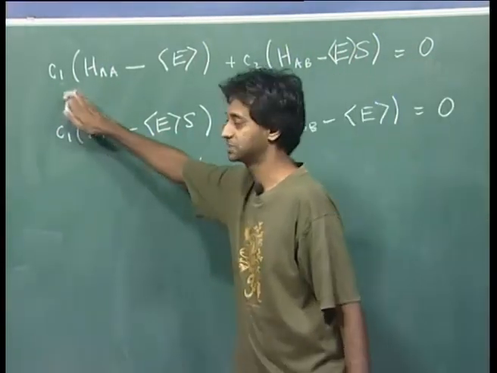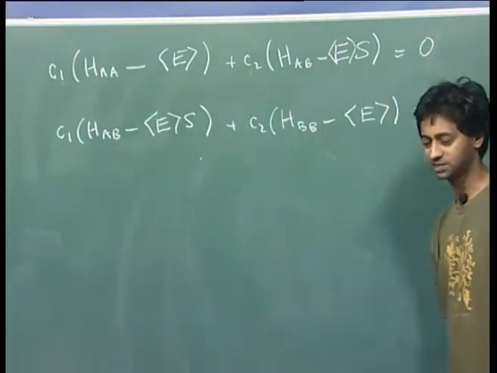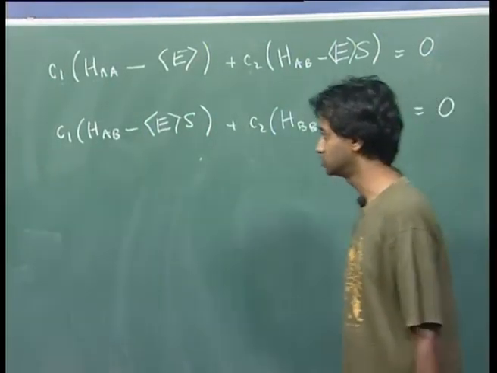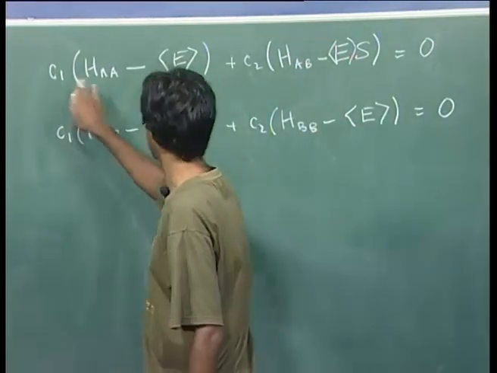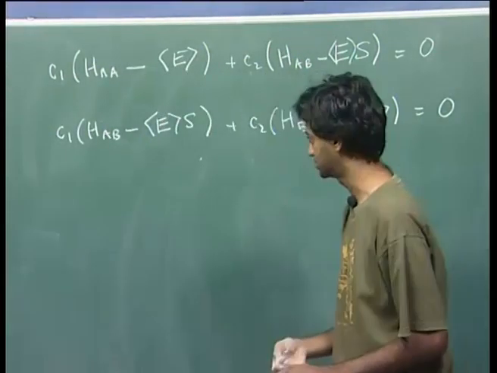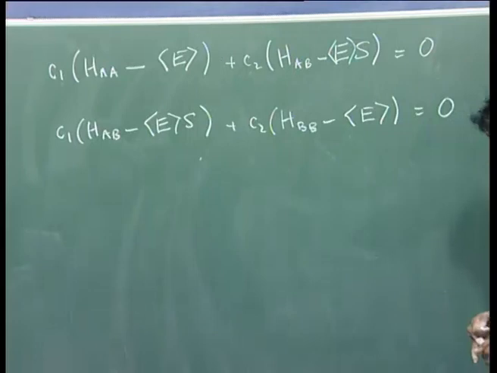If I put C1 and C2 as both 0, then I satisfy these equations, but that is not really a useful solution, because C1 equal to C2 equal to 0 means your wave function is 0 and there are no electrons.